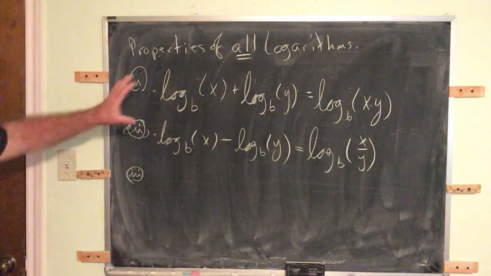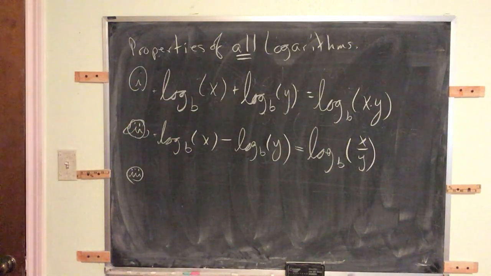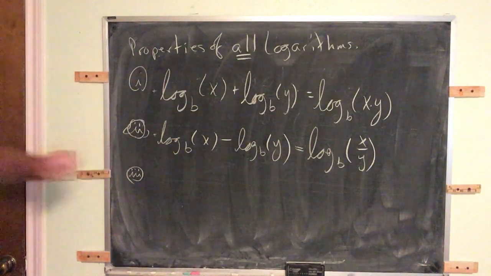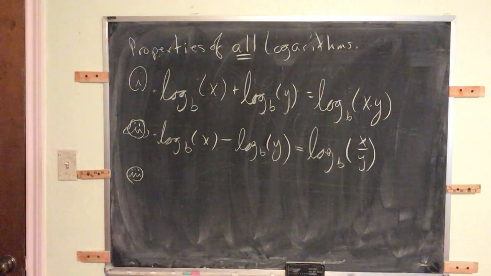The third property again comes from the properties of exponents. Again, we won't go through a proof of this, but the third property is the one that gets some mileage.